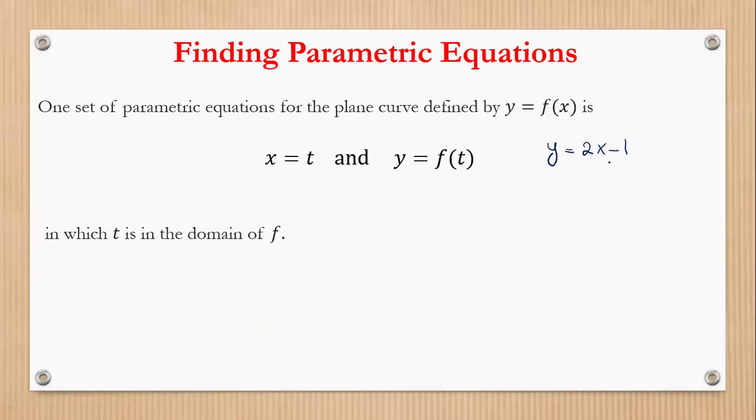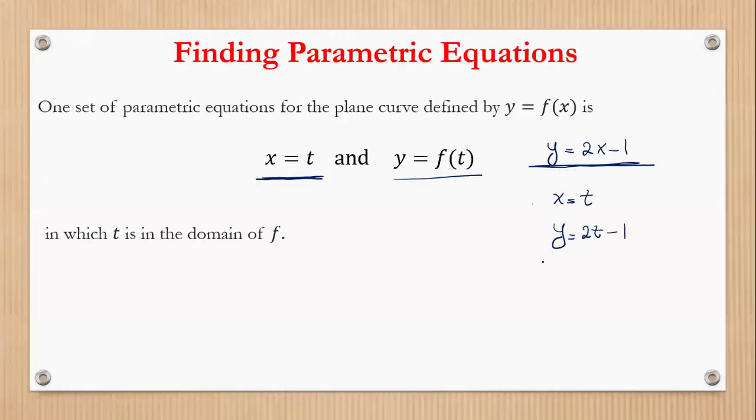So what do we do? We need to replace x by t. So the first equation that I define is always x equals t, which means replace the x by t. And the second equation, which is y, because all of the x and y equations are always y equals a function based on x. So when you replace x by t, you will have your y equation based on t.